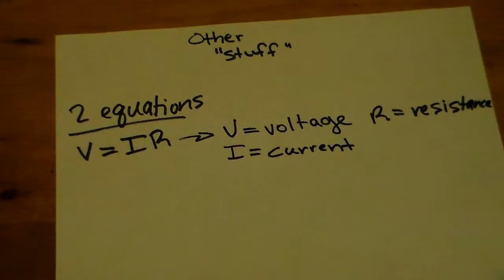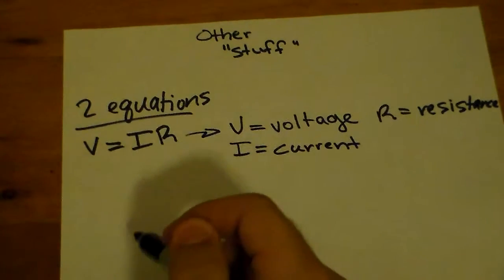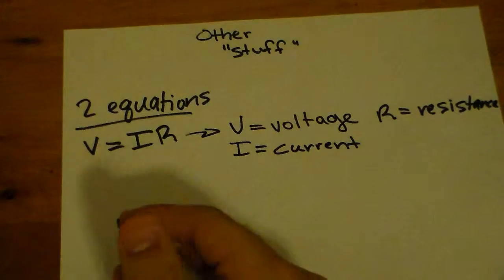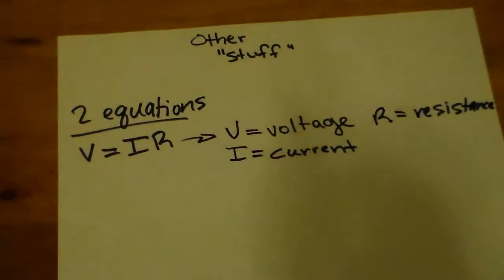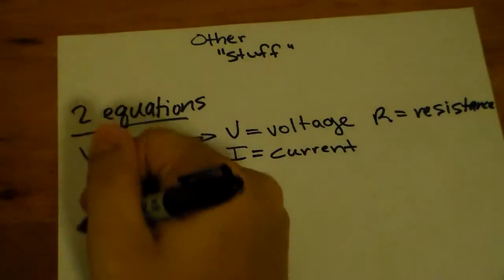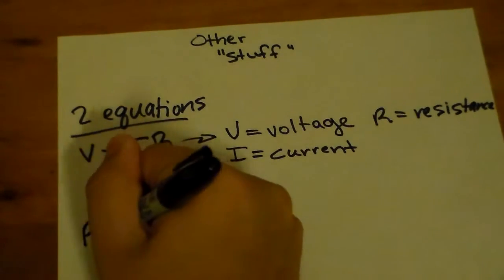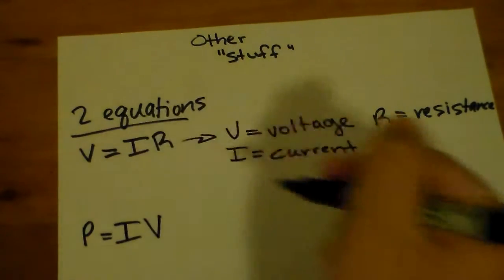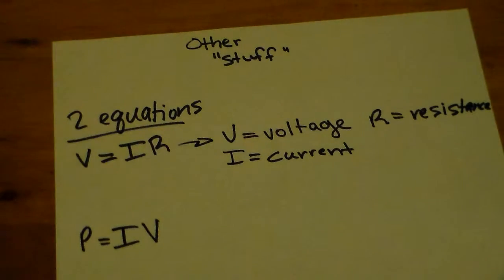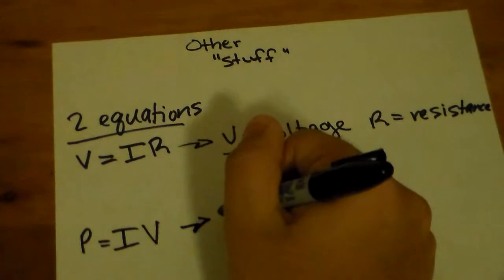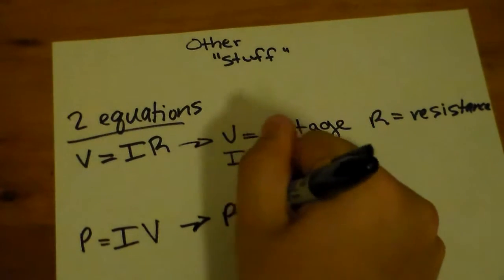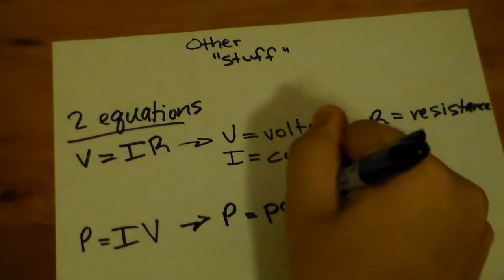So, continuing on, we have our second equation, which is going to be P equals IV. P is the new part in the equation here, in which P is equal to the power.